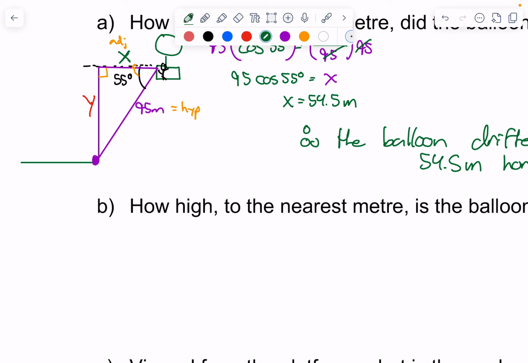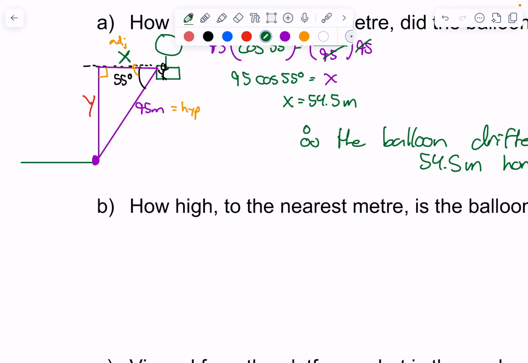So if I'm going to use the hypotenuse being 95, and I'm now looking for an opposite, I'm going to be using the sine ratio. So sine of an angle is my opposite over hypotenuse. So sine 55 degrees is equal to my opposite, which would be y, divided by my hypotenuse, which is 95.